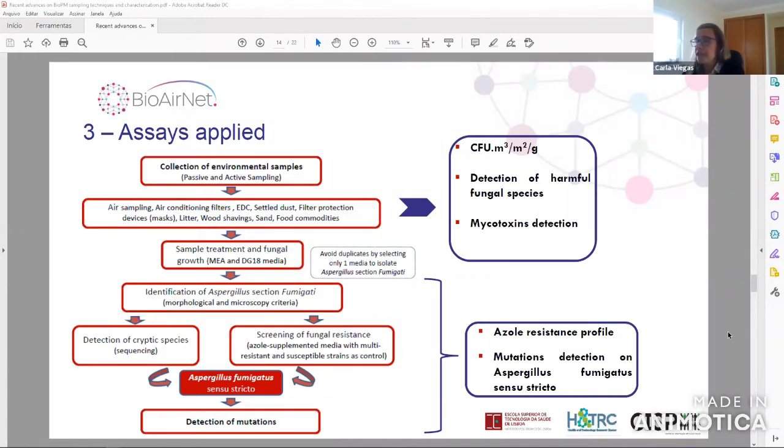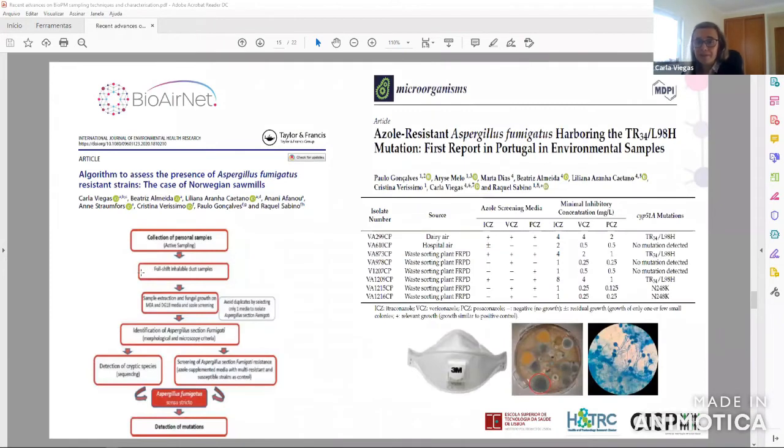In fact, driven by the possibility that in some specific settings the azole pressure is higher, we applied the algorithm and found, in sawmills in full-shift inhalable dust samples, in air samples from a dairy, and also in filtering respiratory protection devices from waste sorting, Aspergillus fumigatus harboring the specific mutation which is described worldwide as related to the use of azole fungicides in agriculture.